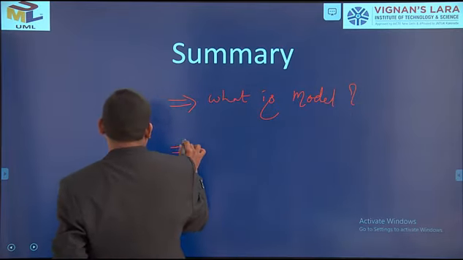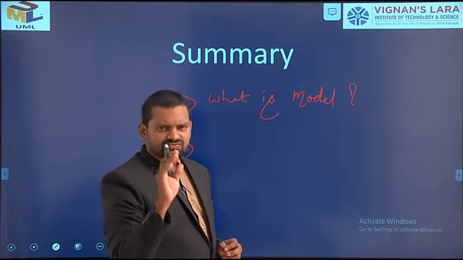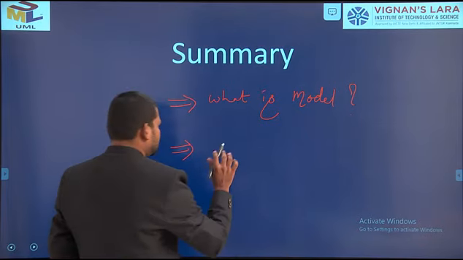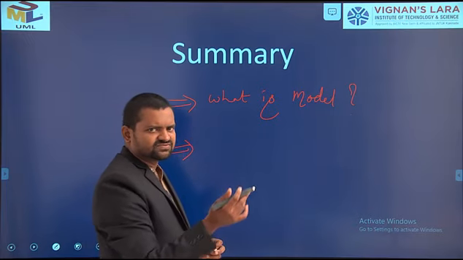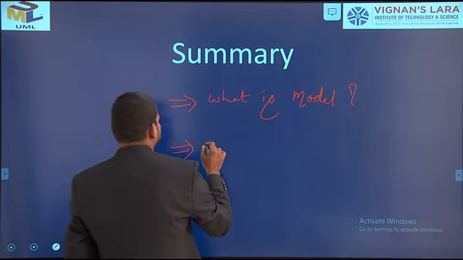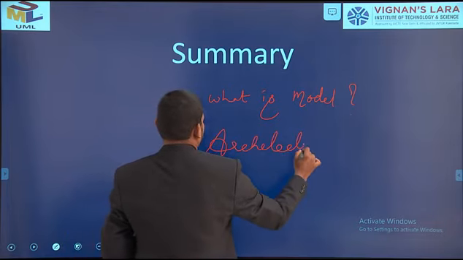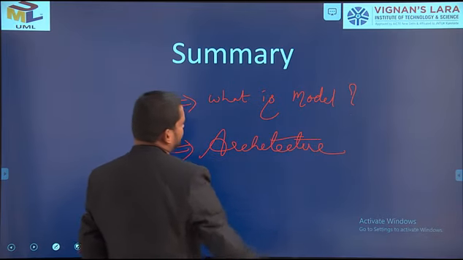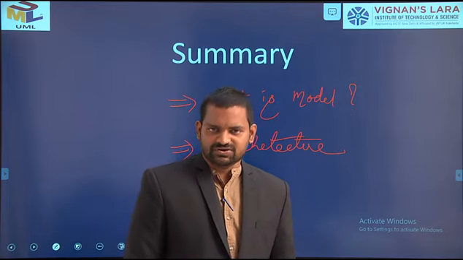We studied that a model is a simplification of reality and produces blueprints of the particular system. We also covered constructing, implementing and specifying. In this class we studied the architecture of the Unified Modeling Language.